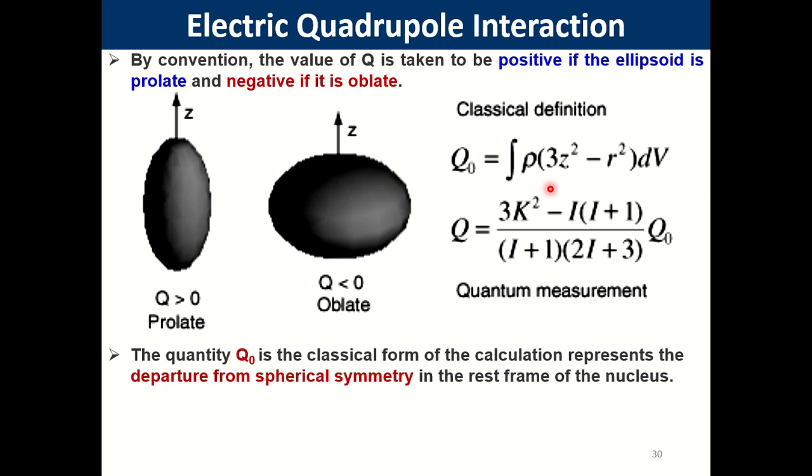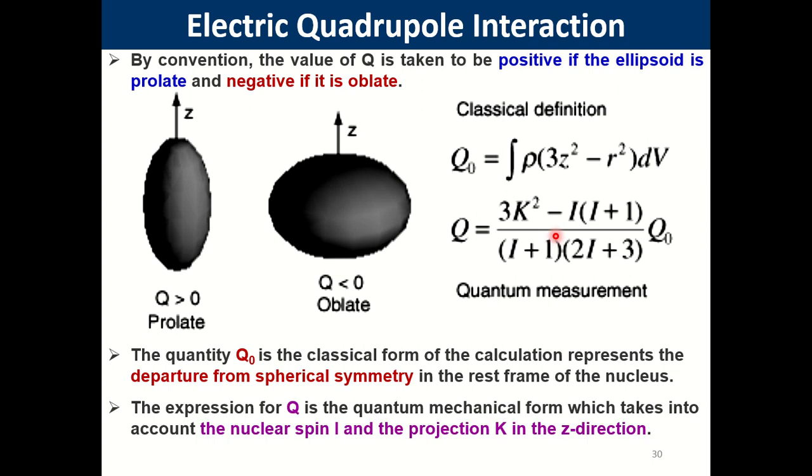And this is to take into account the quantization aspect, which is necessary here. The basic concept is that a nucleus can take different rotational conformations in an asymmetric electric field.